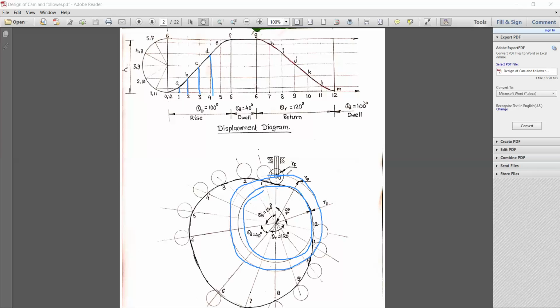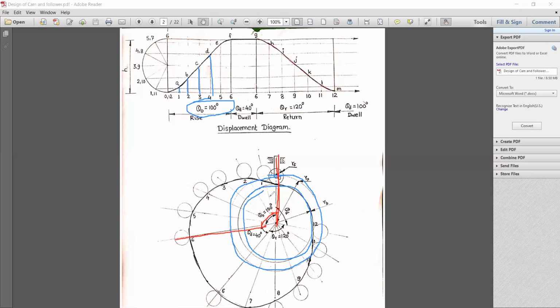Now next, how to prepare the profile. As we know, the first 100 degrees is simple harmonic motion. So first of all, mark this start point. From this I have taken a line of 100 degrees. So that is my 100 degree line.